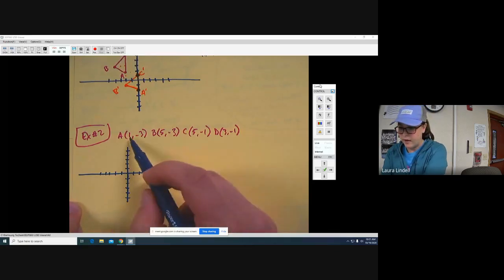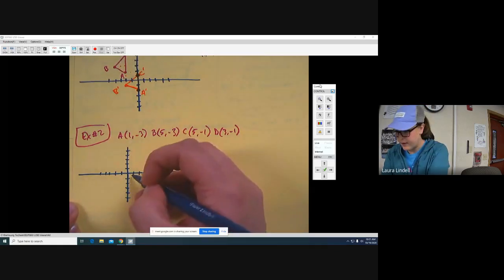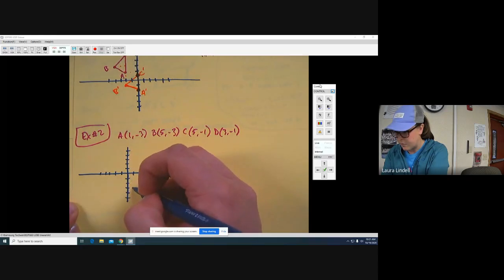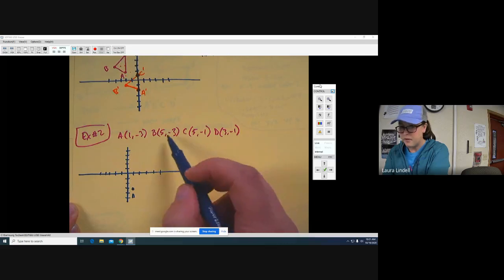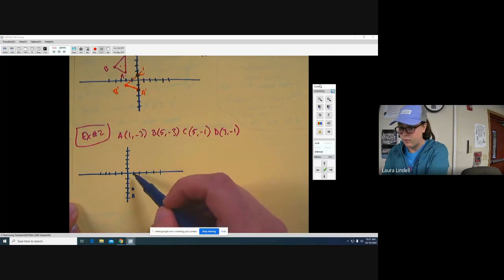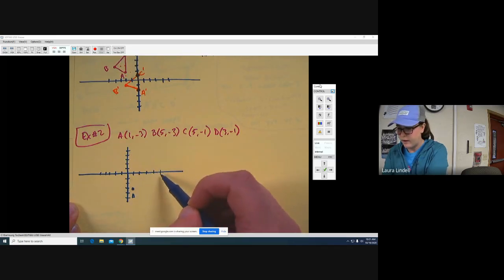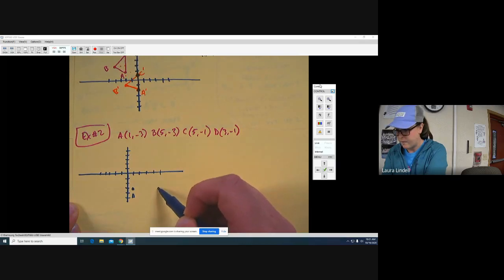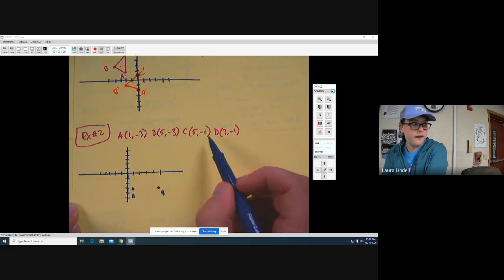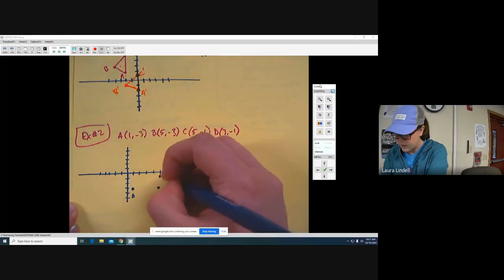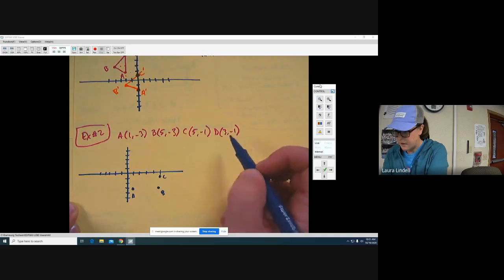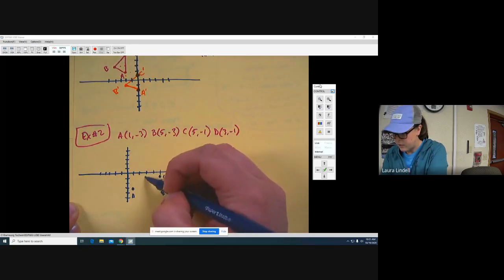Okay, so A is 1, -3, so over 1, down 1, 2, 3, and that's point A. B is 5, -3, so over 1, 2, 3, 4, 5, down 1, 2, 3. C is 5, -1, so over 5, down 1. And D is 3, -1, so over 3, down 1.